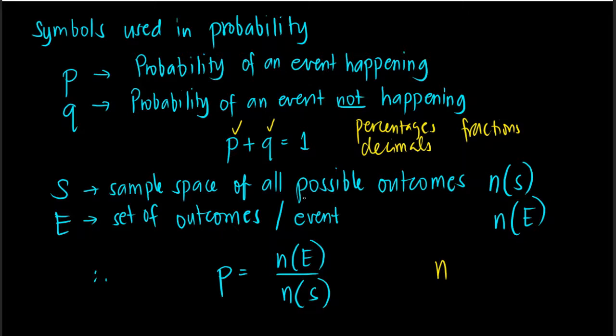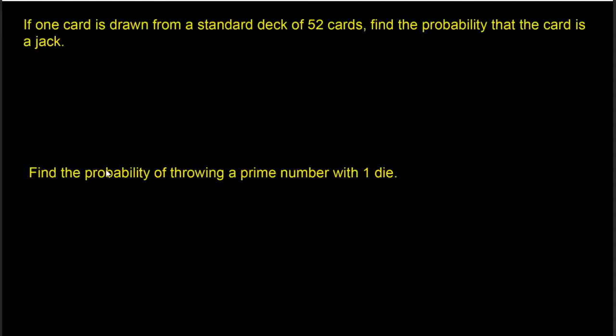And what better way to make you understand than an example? If one card is drawn from a standard deck of 52 cards, find the probability that the card is a jack. Let's go to our formula, which is p is equal to n of E over n of S. As for n of E, the number of events that you want, how many jacks are there in a standard deck of cards?